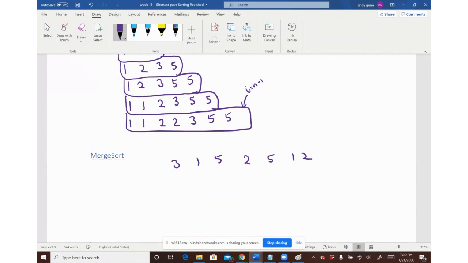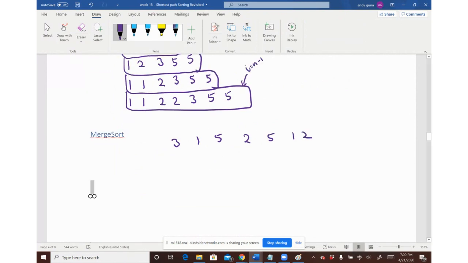Let me add another element so that it becomes nice. So if you recall how we did this in 111, we divided this into 2 arrays. So it is divide and conquer, essentially, a divide and conquer algorithm.